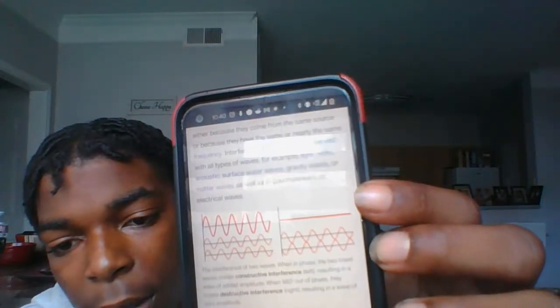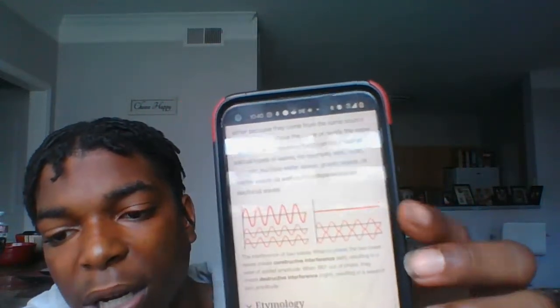When two waves are in phase, they create constructive interference, resulting in a wave of added amplitude. When 180 degrees out of phase, they create destructive interference, resulting in a wave of zero amplitude, which is a dead zone. That's a dead wave. That's when you get a destructive wavelength.